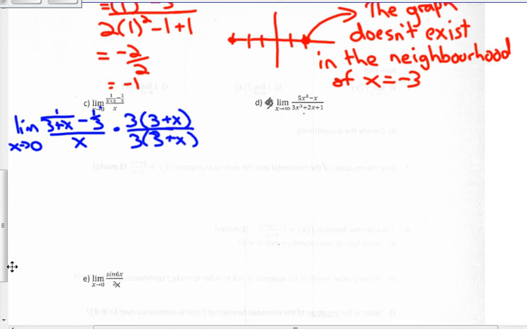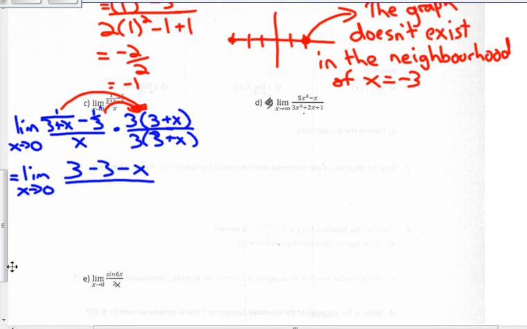As I multiply through, the 3 plus x's are going to divide out on that first term, so I'll have the limit as x goes to 0 of, this will just be a 3 for my first term. And then for my next one, I'll go -1/3 times this whole thing, the 3 and the 3 plus x. So the 3's will divide out. I'll be left with -3 minus x all over x times 3 plus x.